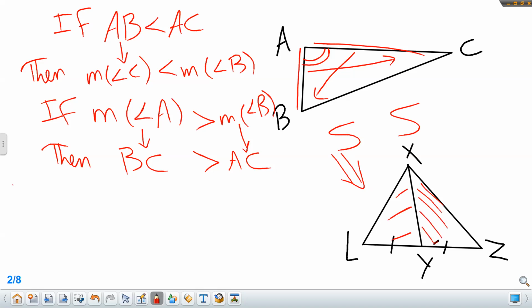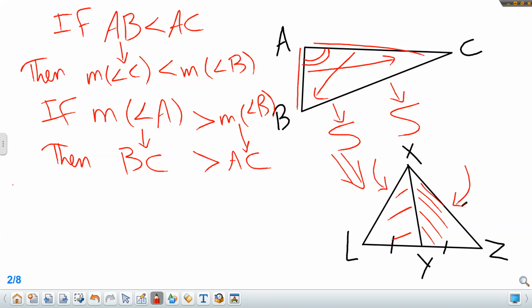In those triangles, guys, LY equals YZ. It's a given. And XY is a given. So we have two equal sides.